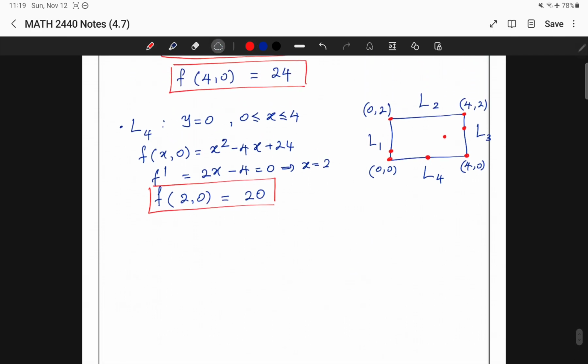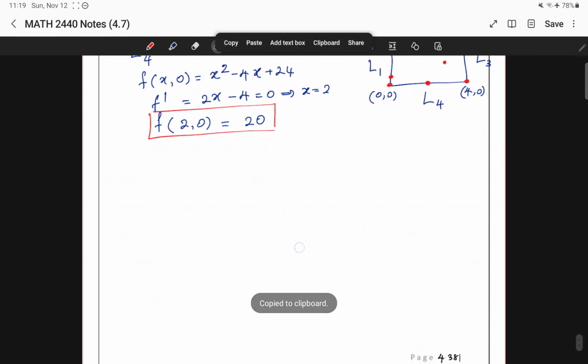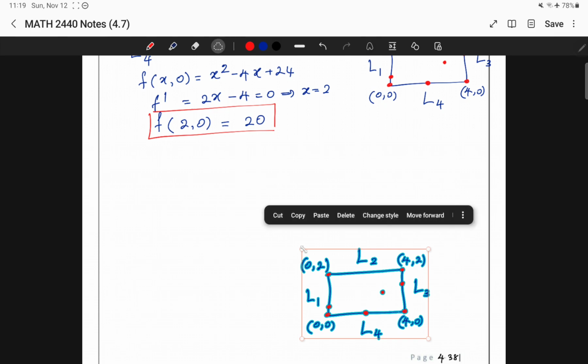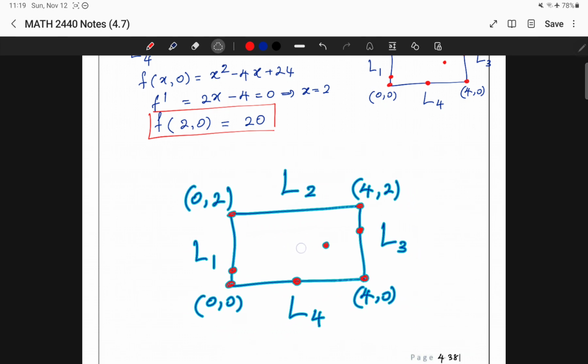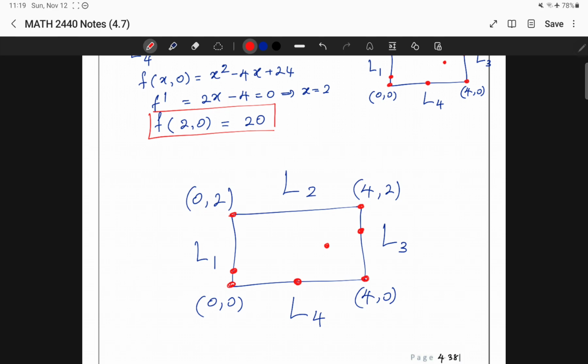Let me copy this picture. Let's write down the values. At (2, 0), it's 20.